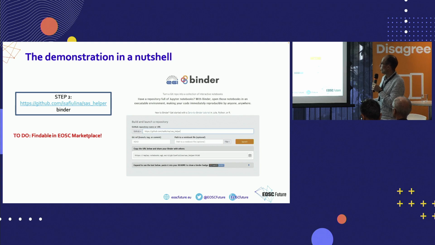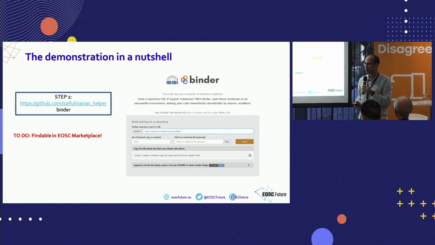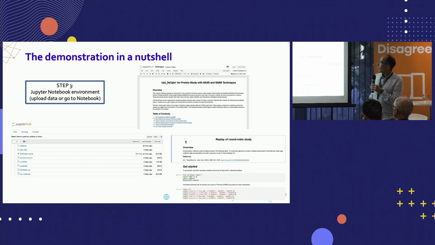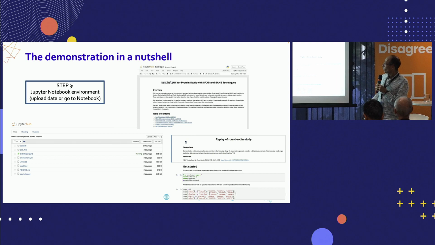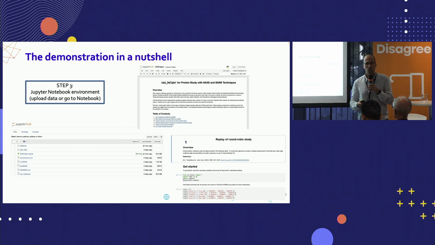And one will launch a Binder machine containing already everything that we need, and have this kind of information: different notebooks that one can use to explore, to train a new user, for example, to see how the tools work, and in this particular case, for example, to try to reproduce a paper that has been published.